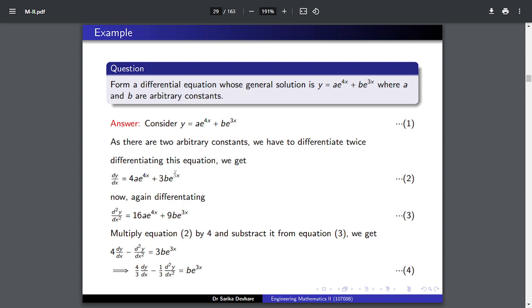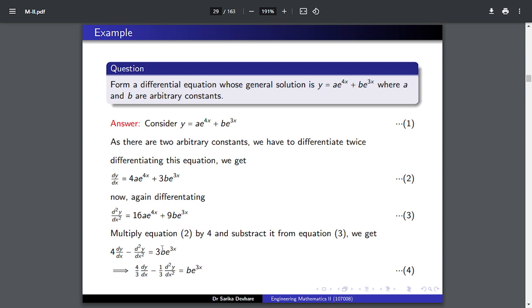Now multiply equation 2 by 4 and subtract it from equation 3. Why are we doing all this? Because we have to eliminate these constants from the equation and convert it into a differential equation. So we multiply equation 2 by 4 and subtract it from the third equation.